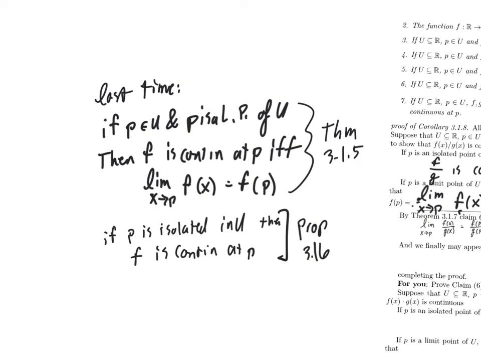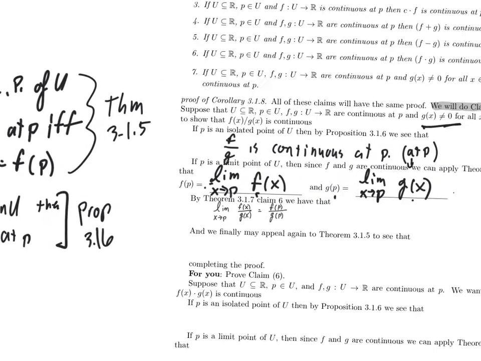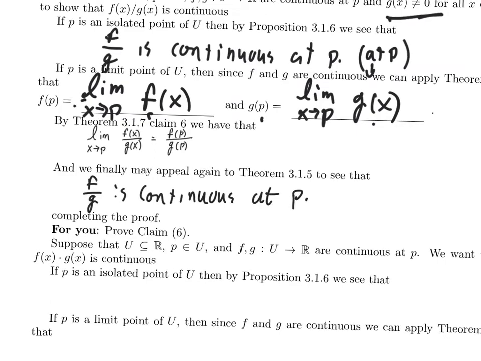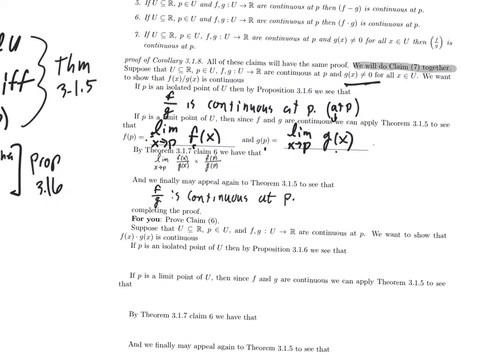I have the limit as x approaches P of a function, namely this function, is equal to that function evaluated at P. So I can conclude that f divided by g is continuous at p.